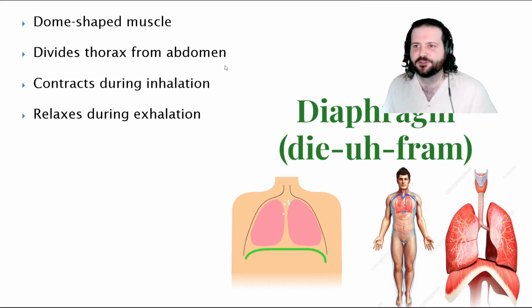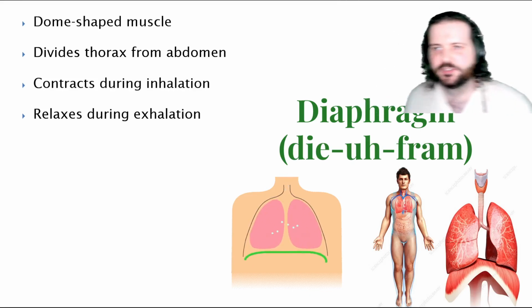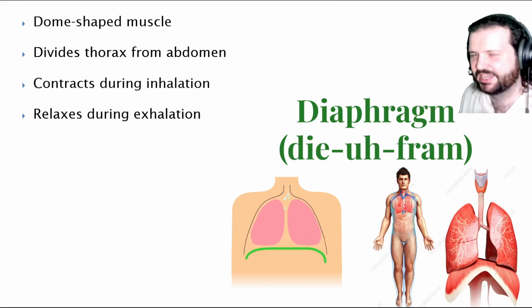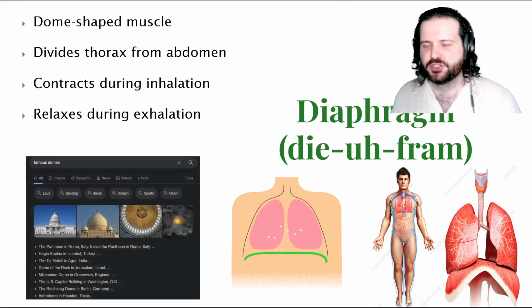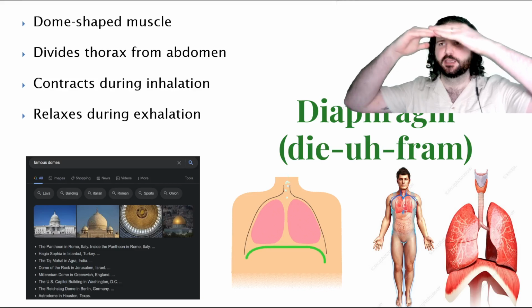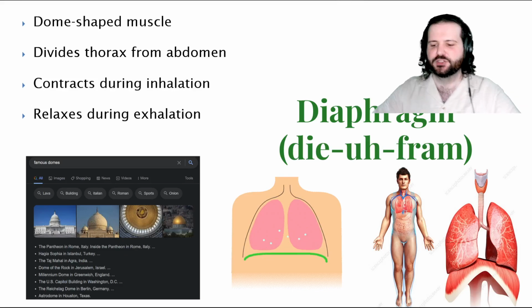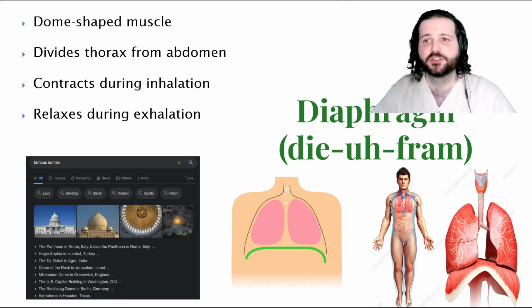Now, the diaphragm, this is a muscle that helps us breathe. It is a dome-shaped muscle. So if you're unsure what that means, here's a list of famous domes. But essentially, it's just like that, right? It's kind of rounded. And it sits underneath our lungs, underneath our rib cage, and it helps us expand our lungs.